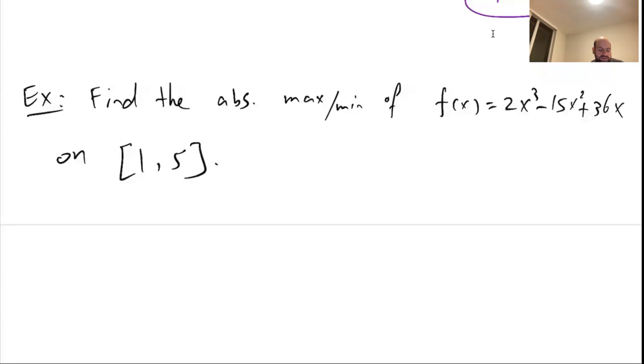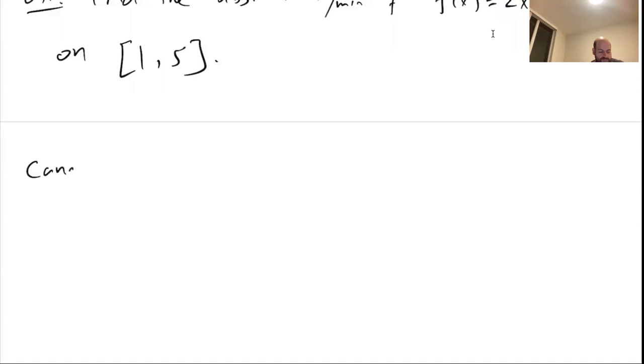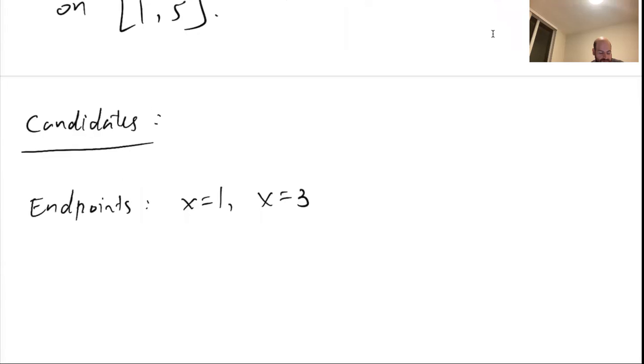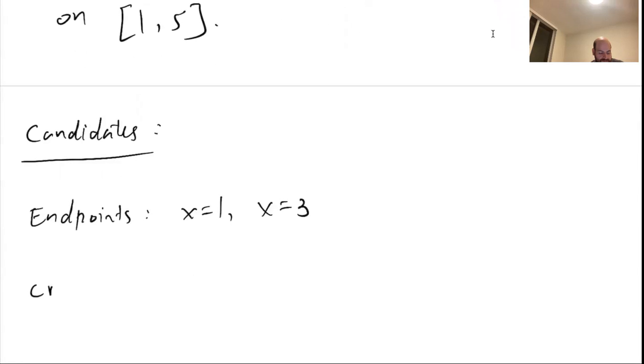So basically the candidates here are endpoints, x equals 1 and x equals 3, and also the critical points.